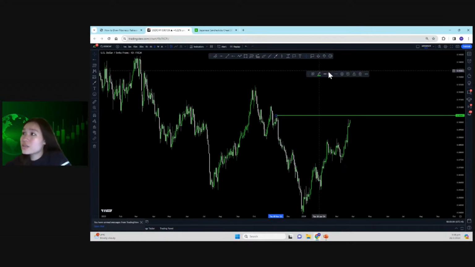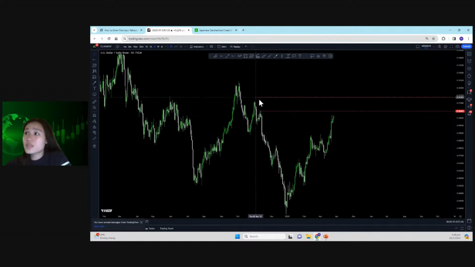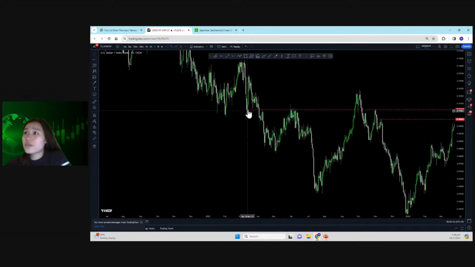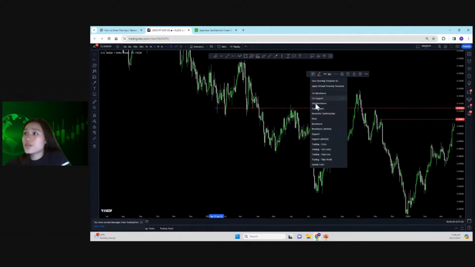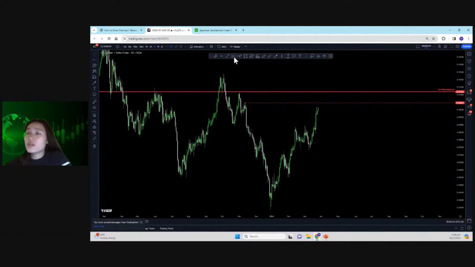This swing high here, I'm just going to label as an intermediate resistance since price is really close to it. And then I'm going to label this level and see if I can pull it back even further. Okay, this is going to be my first resistance.